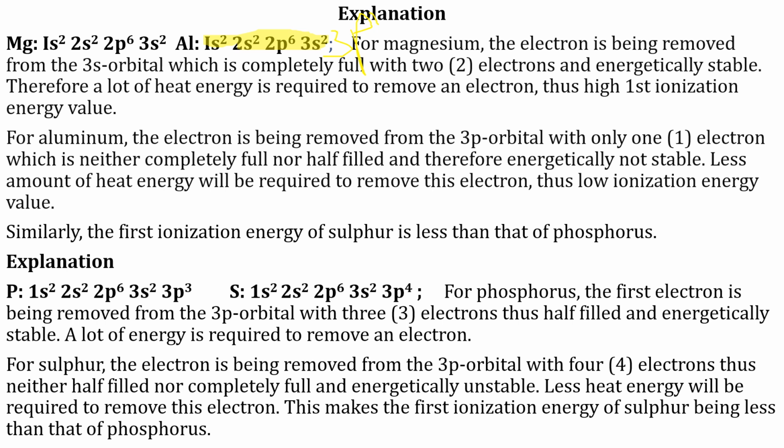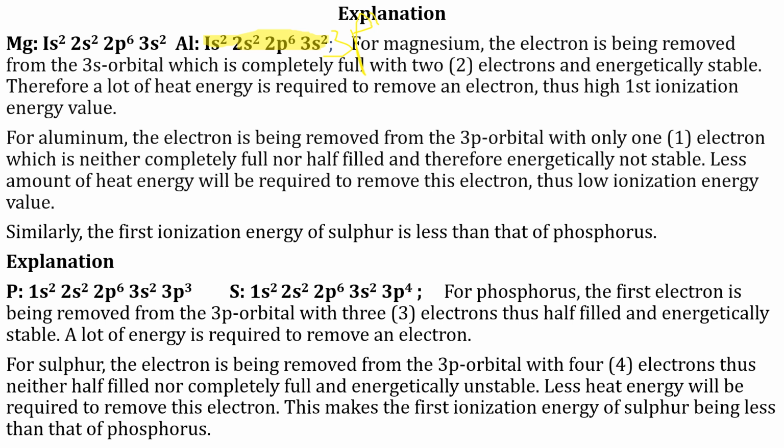That's why we are saying that magnesium will have a very high ionization energy. What about aluminium? For aluminium, since its electronic configuration ends with 3p1, we expect that it's neither half filled nor fully filled. Therefore, it's going to be thermodynamically unstable.